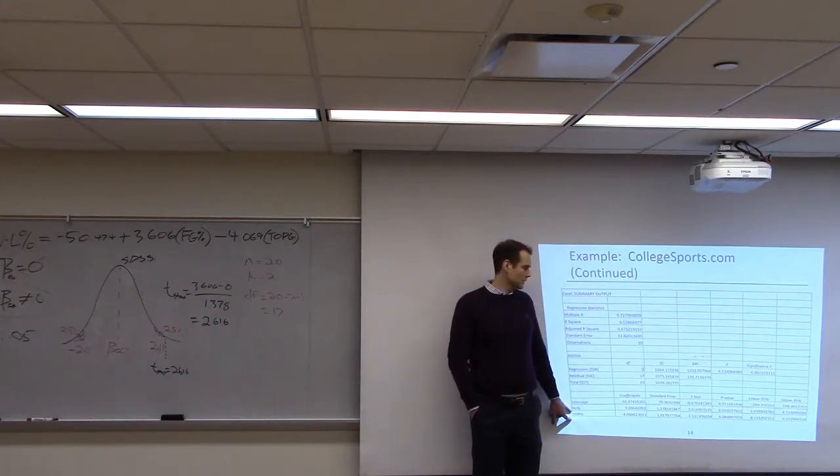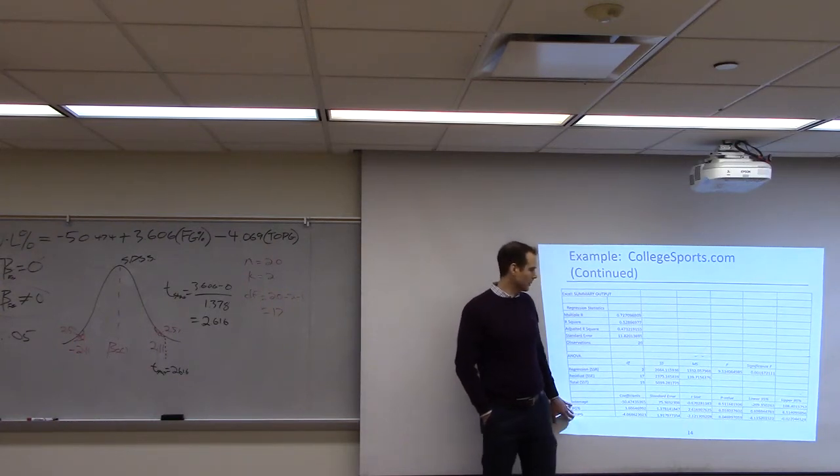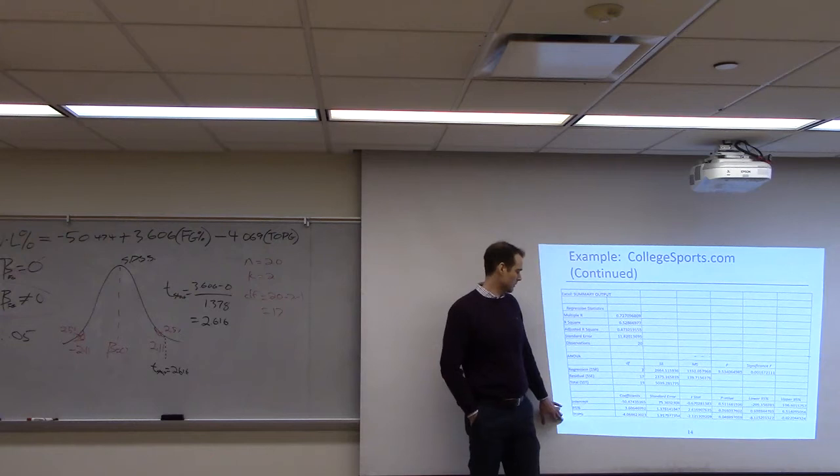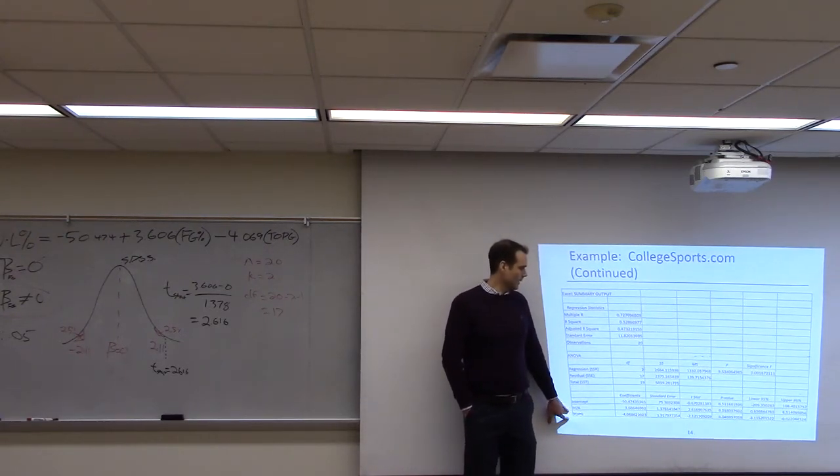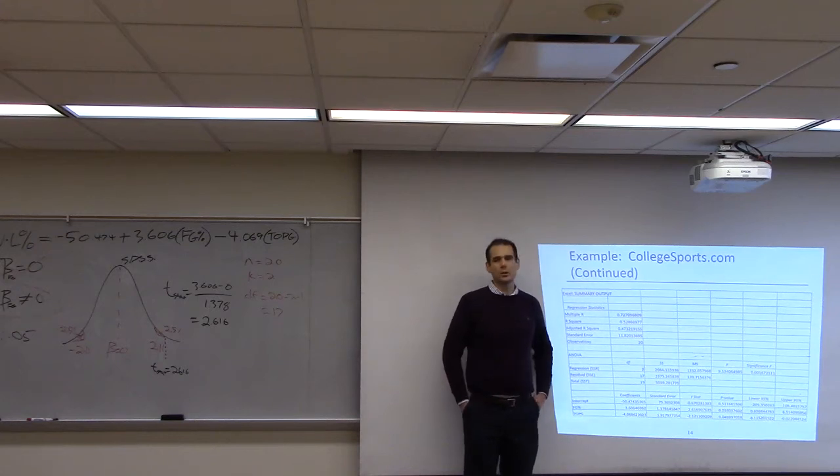Now, alright, so we went over p-values, hypothesis test, we went over confidence intervals, all the good stuff. Now let me get back to this issue of multicollinearity. What does multicollinearity mean?